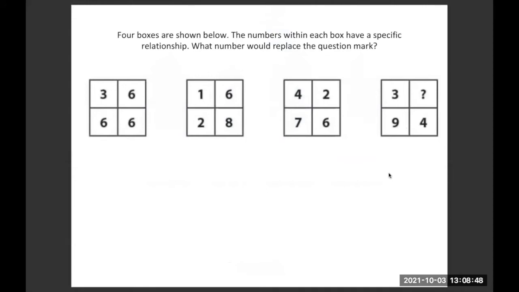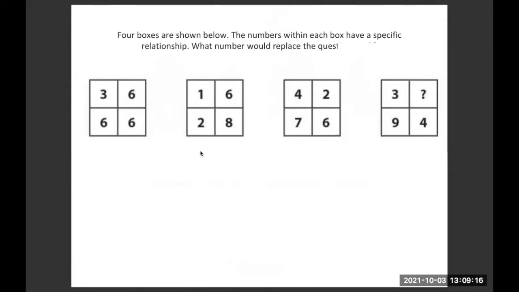This is a sequence which is given, and you have to tell which number will replace the question mark here. It's very simple. It's very quick. Sorry, one second. I'll just remove this. There are no options, so you have to write your answer.